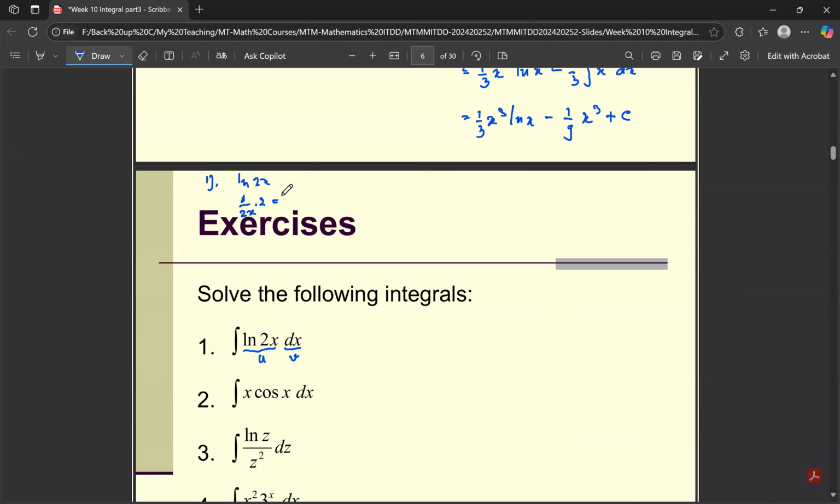So we have du is 1 over x dx. And this is dv. dv is dx. In this case, we can write it as 1. And the integral of this function will be x.